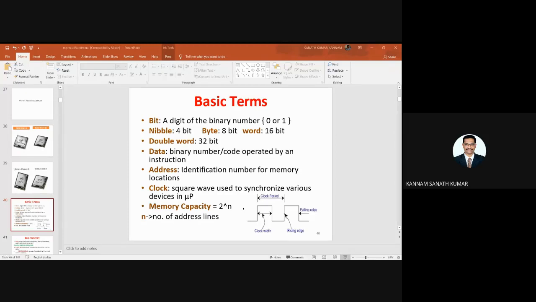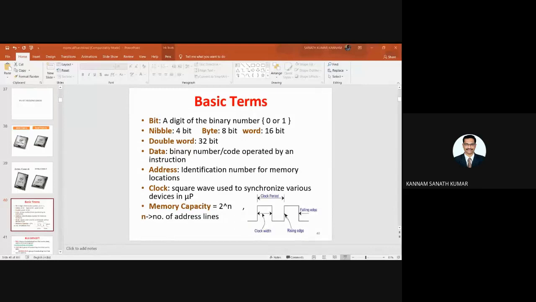Same like that, a microprocessor or a microcontroller, any programmable device, needs a clock. Clock is nothing but a square wave. In the square wave, you have a falling edge and a rising edge, and this is the clock width. In order to synchronize all the various devices, we need a clock.